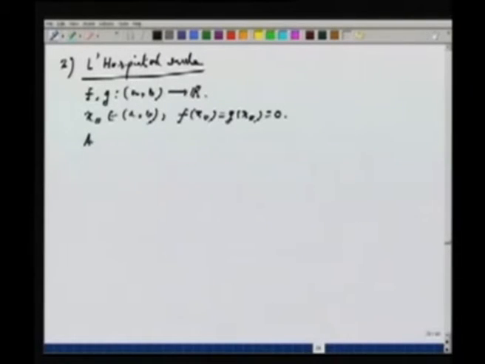Assume that g of x is not equal to 0 if x is not equal to x naught.